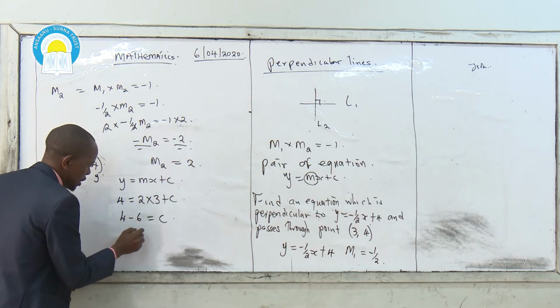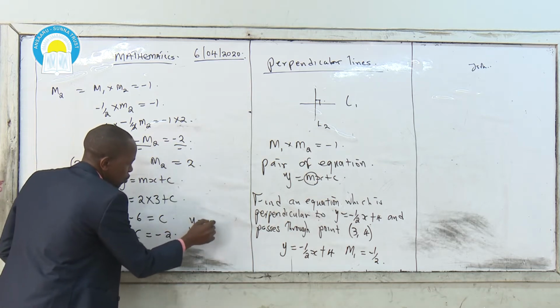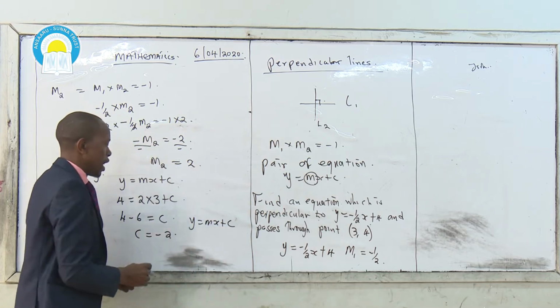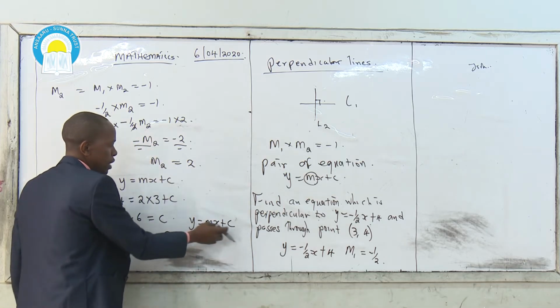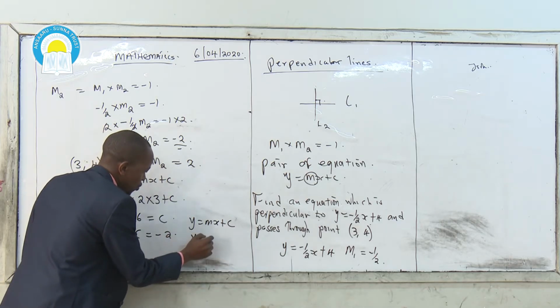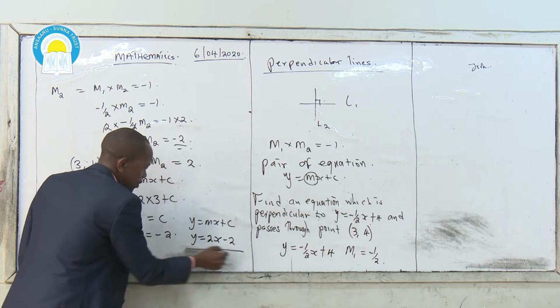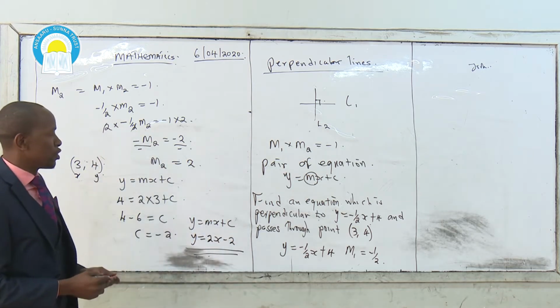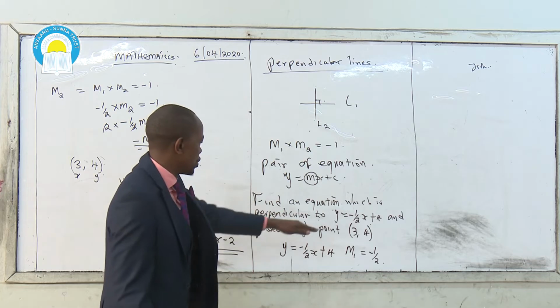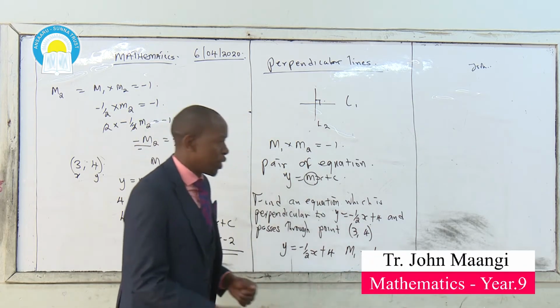Now our c is equal to -2. Our equation is y is equal to mx plus c. Now we substitute m and c because we have them. So you're going to have y is equal to 2x minus 2. And this is the equation that you've been told to find, which is perpendicular to this line, and it passes through the point.